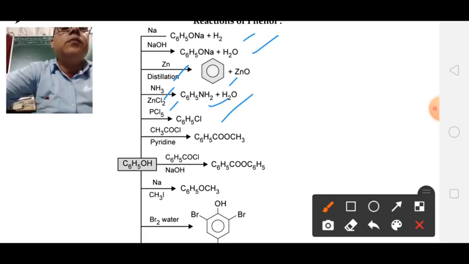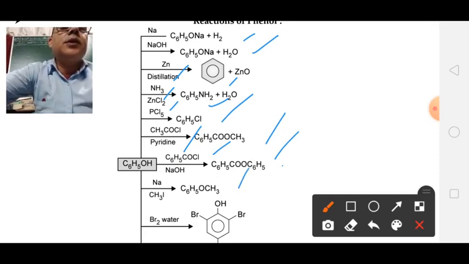With pyridine it gives the acetophenone, and with benzoyl chloride it gives benzophenone. Okay, and again with sodium and alkyl iodide it gives the anisole.